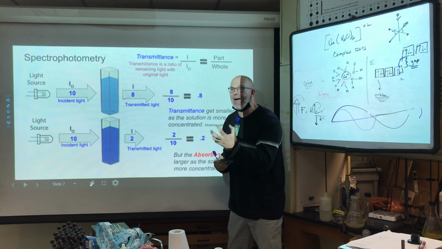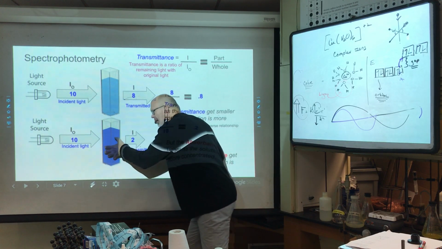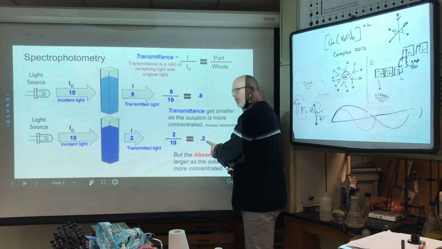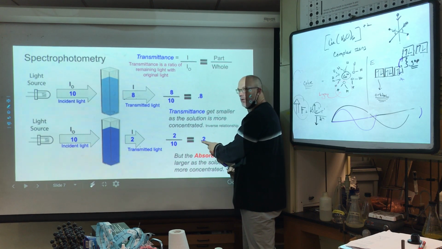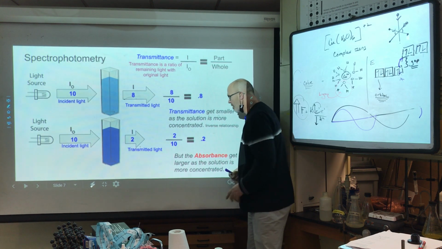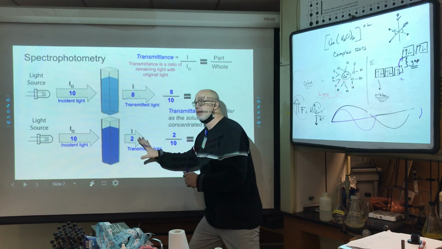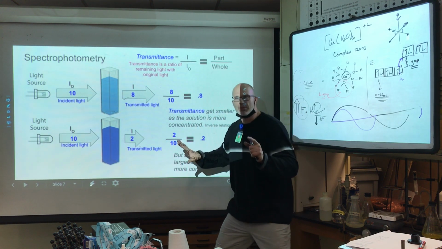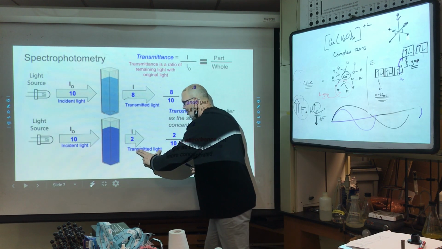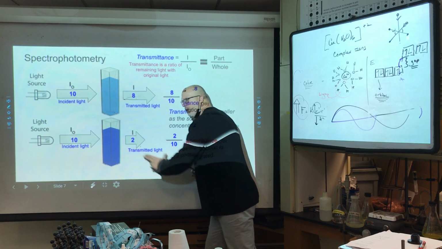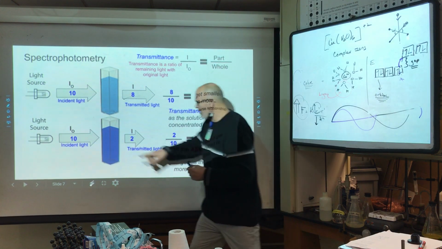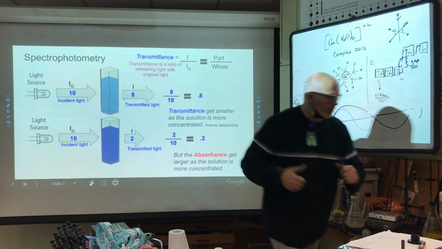But nobody likes higher concentration meaning lower light. No one likes the numbers getting smaller. So what they do is, instead of transmittance, they convert it to absorbance. This is showing us how much light is going through, which is going to be lowered in a higher concentration.